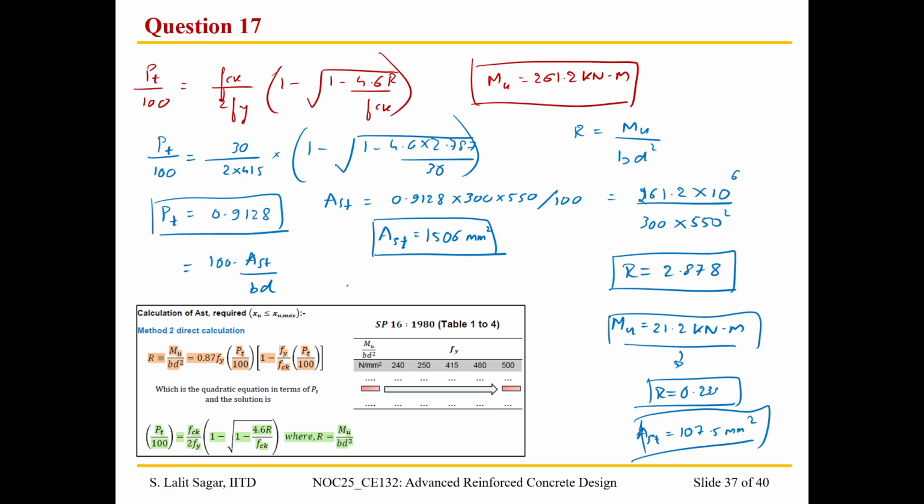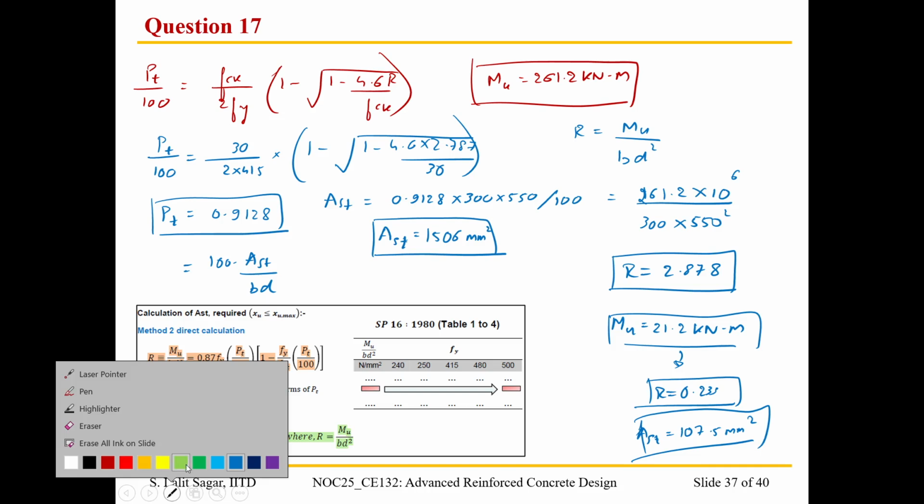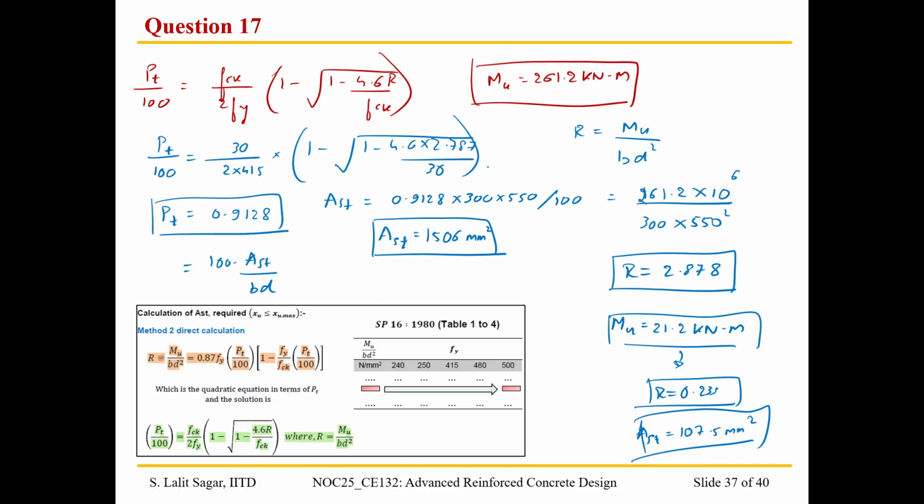As per clause 26.5.1.1, the minimum has to be 0.85 bd divided by fy.